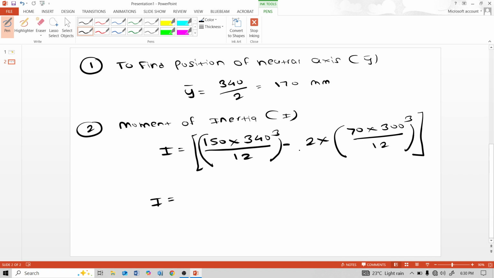So calculate this. 150 multiplied by 340 cube divided by 12 is 491.30 into 10 raised to 6, minus 2 into 70 into 300 cube divided by 12, which is 315 into 10 raised to 6.